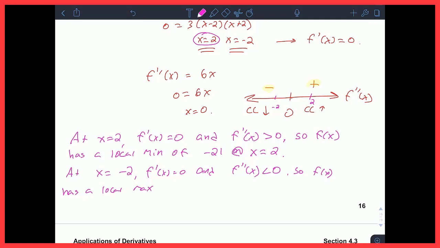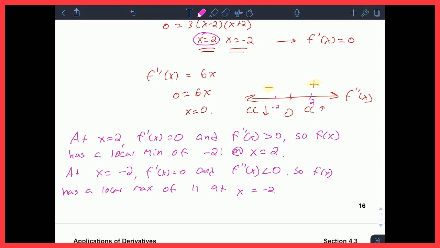So local maximum of, and this one came out to 11 at x equals negative 2. That's a terrible x, and we'll fix that. There you go. And by the same argument we made in the problem when we did it last time, these are locals. They're not absolutes because the end behavior goes to negative infinity and infinity.